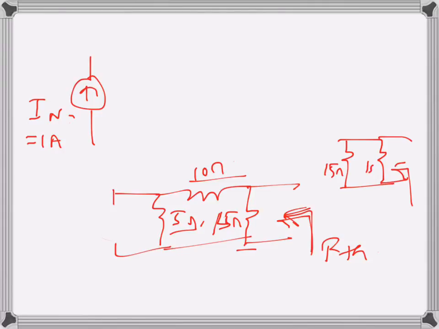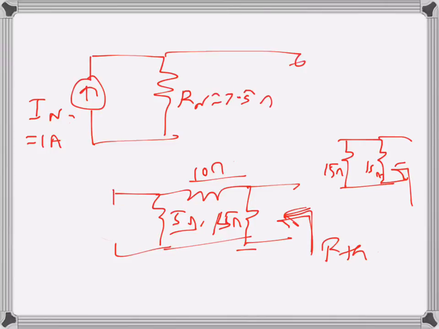Of course the equivalent resistance will be half of that, that is 7.5 ohms, and that's the Norton resistance. So this is the circuit. RN is 7.5 ohms, and this is again terminal AB.